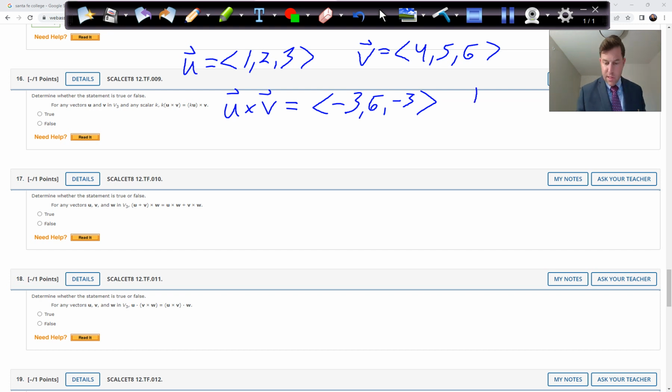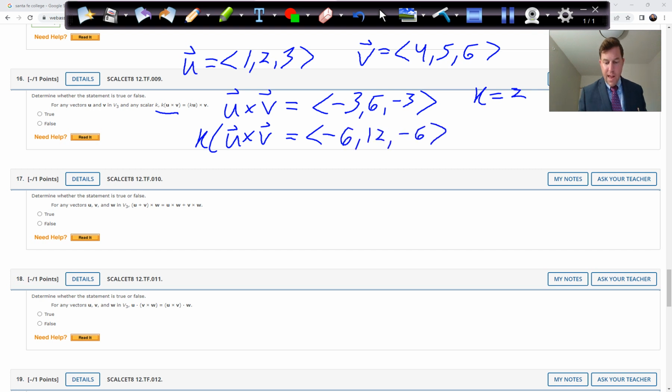So let's say k is equal to, what did I pick here? I'm not seeing it. I think I picked k was 2. So now it says take k times this. So k times u cross v, just double those numbers, -6, 12, -6.